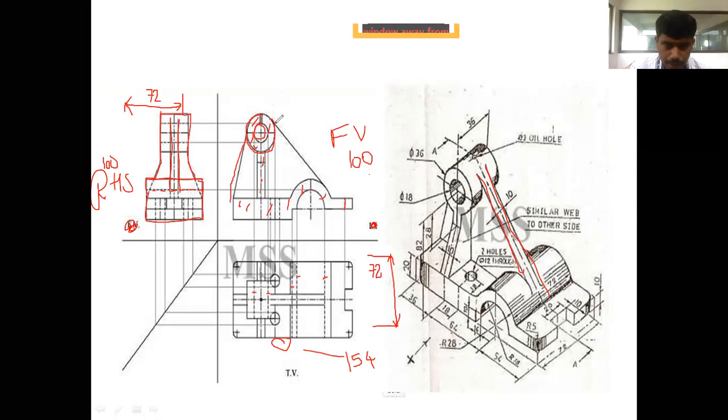We'll see this circular radius of 18, and the 6 and 10 again, total of 20. And we have the rib or wedge, with whatever things are there drawn in continuous line.